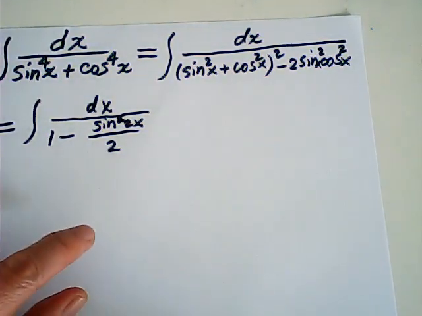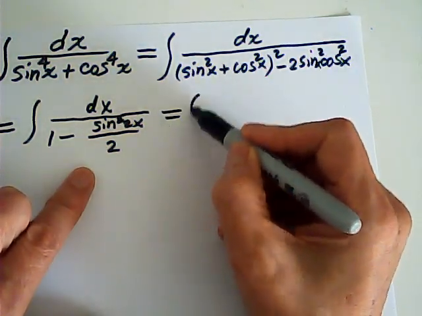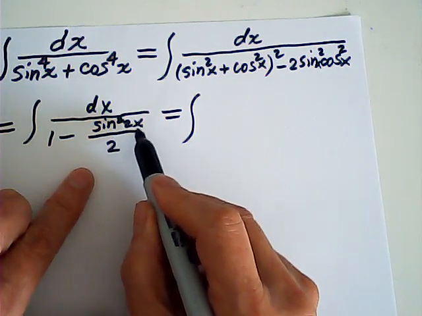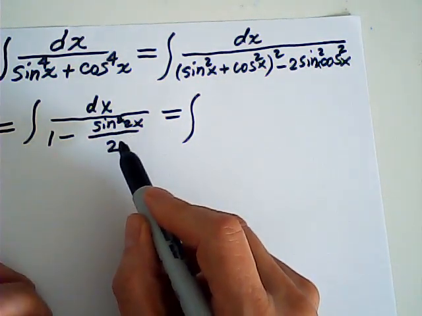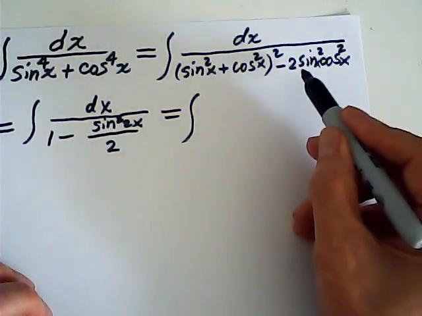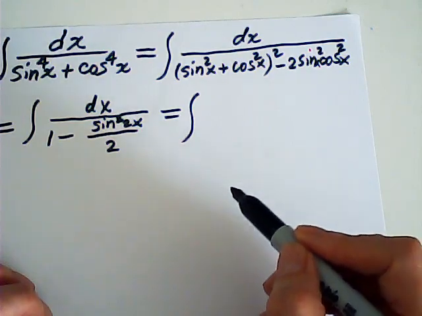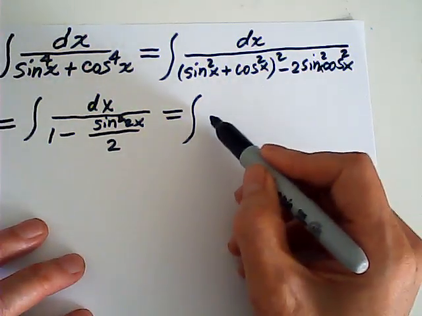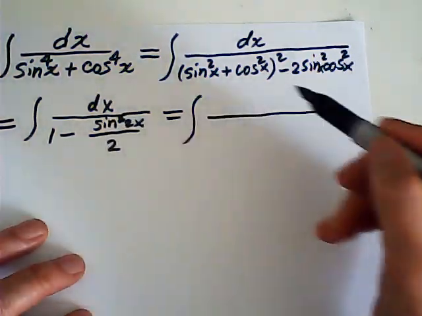Well, it seems not very clear. Well, let me write it bigger. So this one is equal to, this is sine square 2x, and that would be equal to 2 sine square x cosine square x. And then I multiply by 2, both top and bottom.